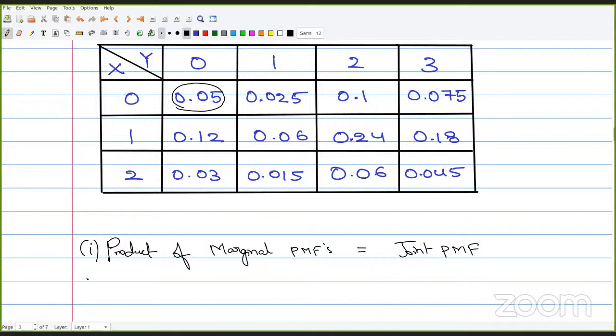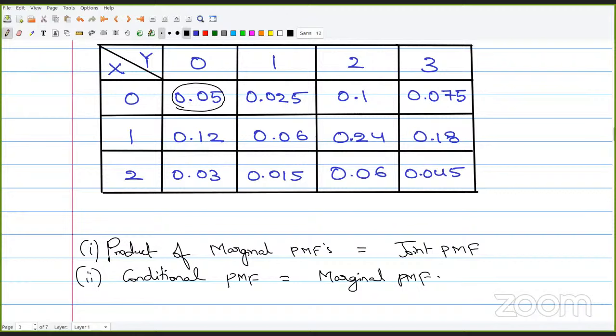This is one, and the second one is conditional PMF will be equal to marginal. Independent means both are not dependent on each other. So whatever values X takes is independent of what Y is taking.